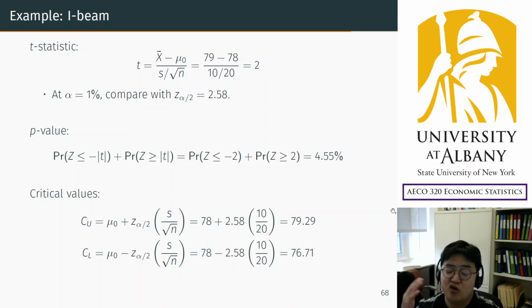So again, your null hypothesis is not rejected. Your observation is close enough to your belief. Okay, so no matter which method you use, you are going to get to the same conclusion, not rejecting the null hypothesis.